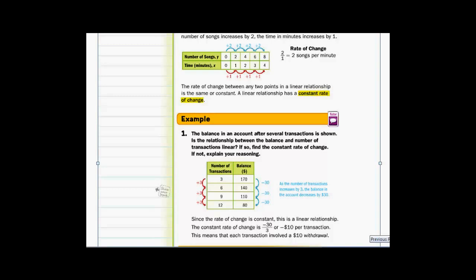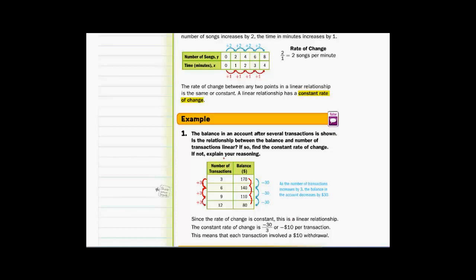Well, if you look at the number of transactions, for every 3 it goes up, right? 3, 6, 9, 12. The balance is doing what? Going down by 30. Now the rate of change is usually the second one compared to the first one, and it's like that every time.